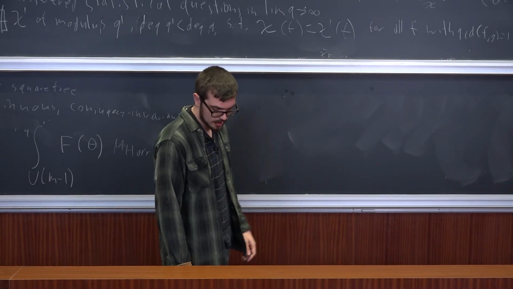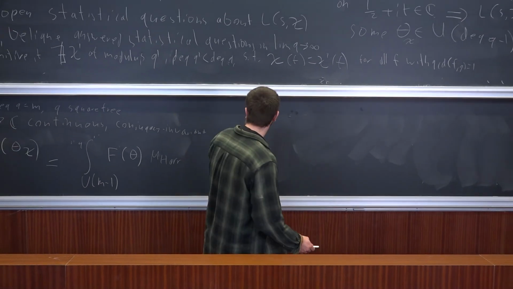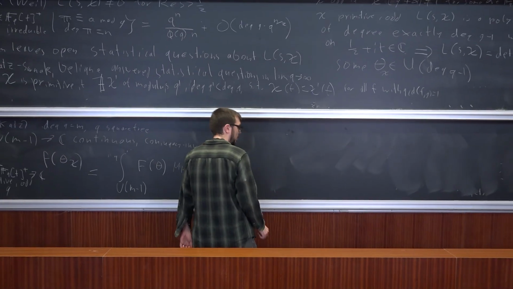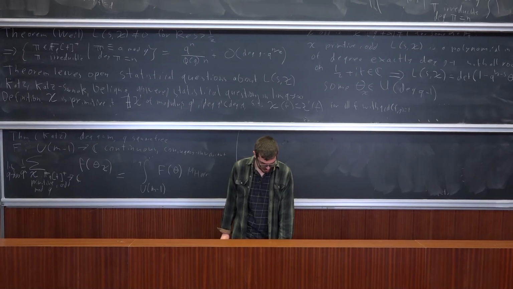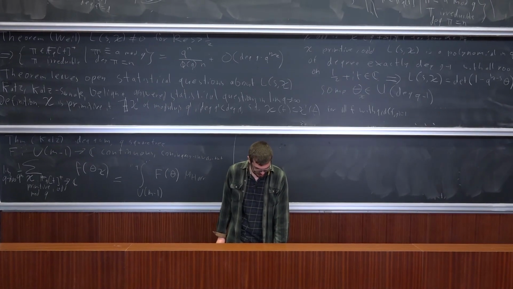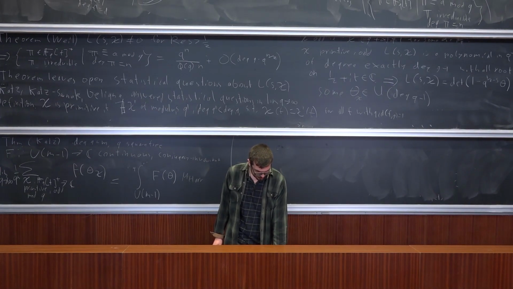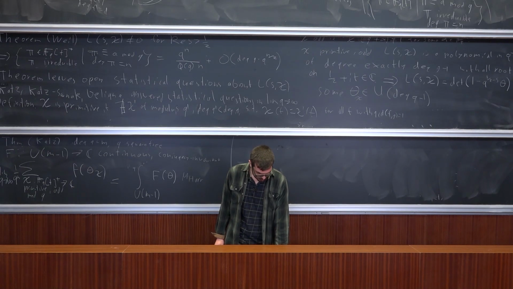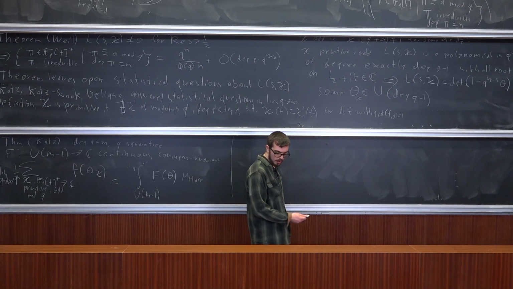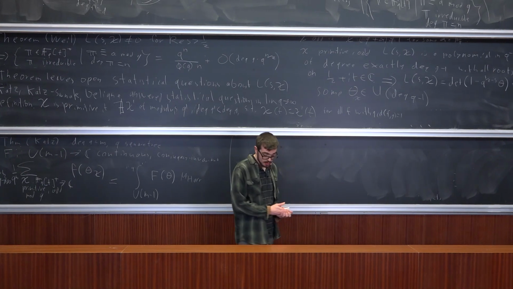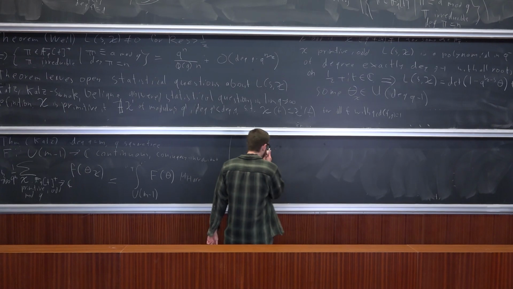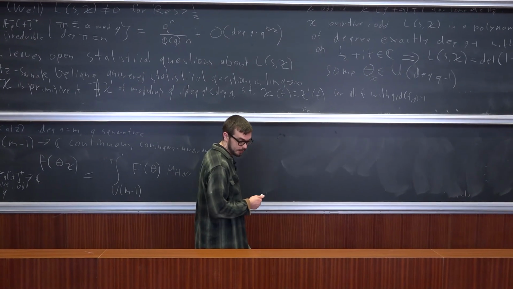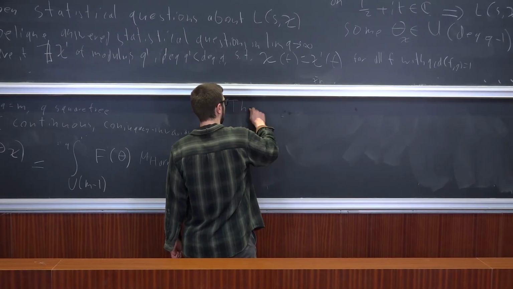So let me state next the first original theorem of this talk, I guess, which I need to do some fiddly things. It is going to be about this moment problem that we mentioned earlier, in the large m limit setting.